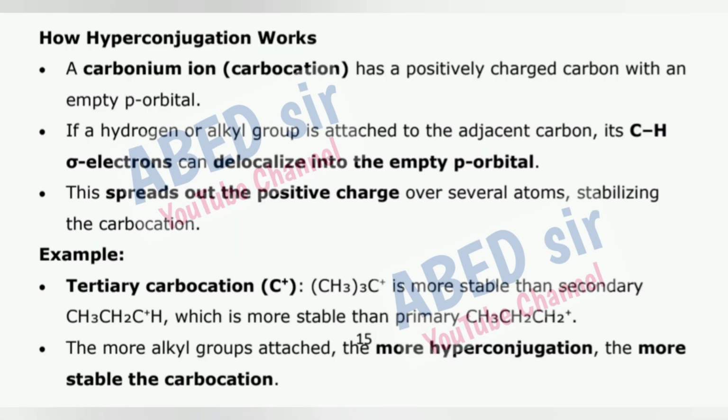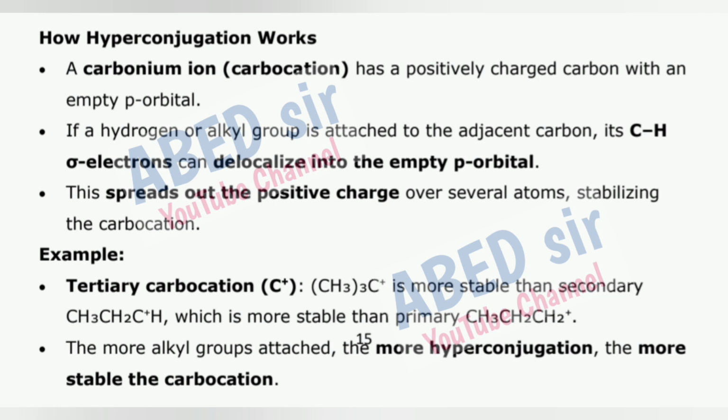How does hyperconjugation work? A carbonium ion, or carbocation, has a positively charged carbon with an empty p orbital. If a hydrogen or alkyl group is attached to the adjacent carbon, its C-H sigma electrons can delocalize into the empty p orbital.